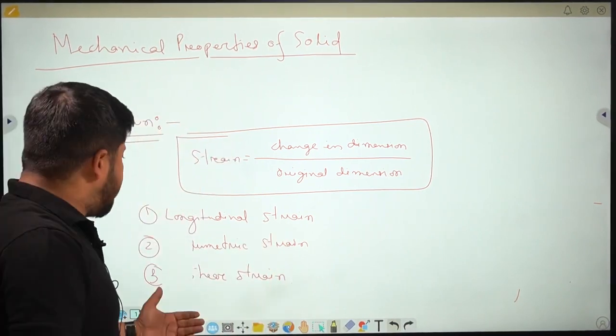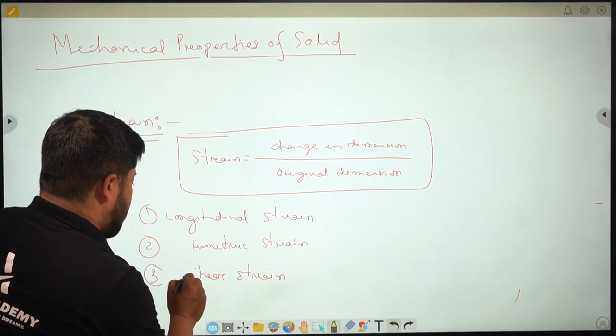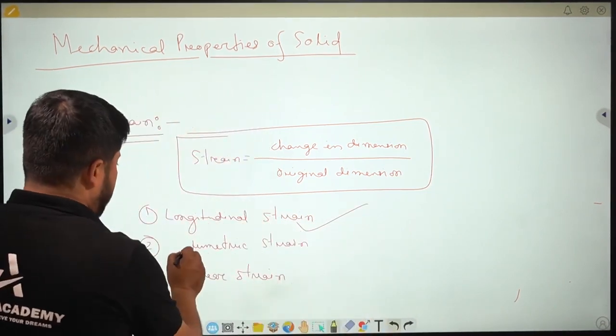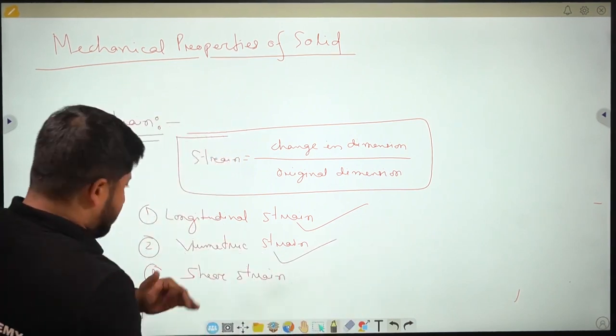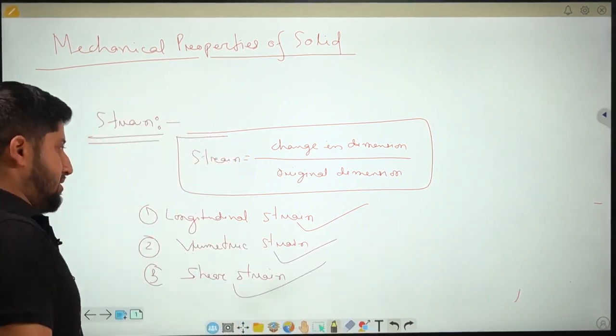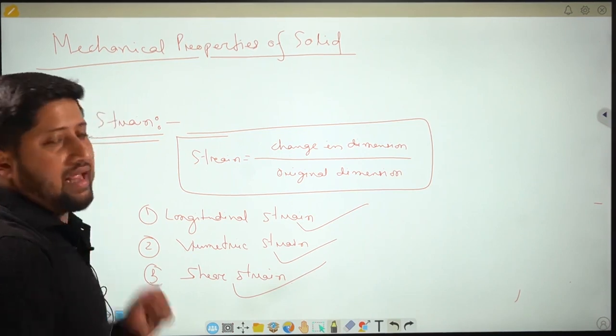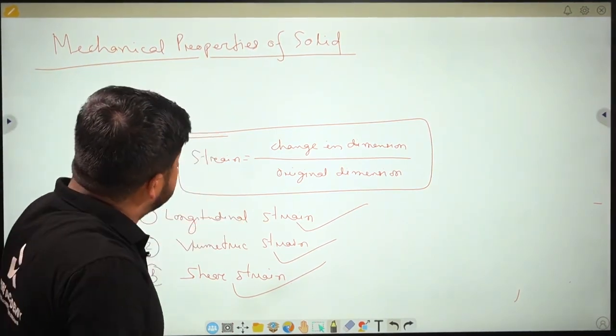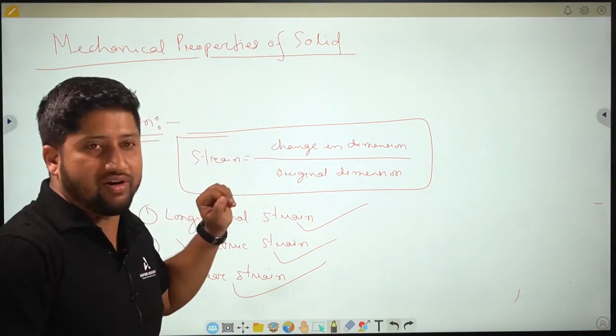So there are three types of strain. These are the different types of strain. We have already discussed that strain is the change in dimension to the original dimension.